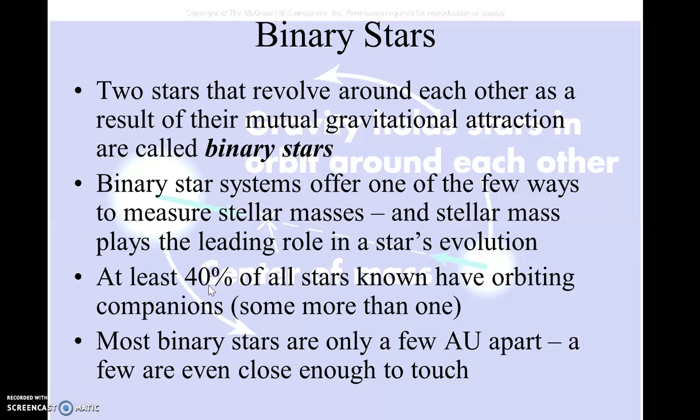For example, the Alpha Centauri system, which is the next star system over from the Sun, is a trinary system. There are actually 3 stars: Alpha Centauri, Beta Centauri, and another star called Proxima Centauri, which is slightly closer than the Alpha and the Beta star.